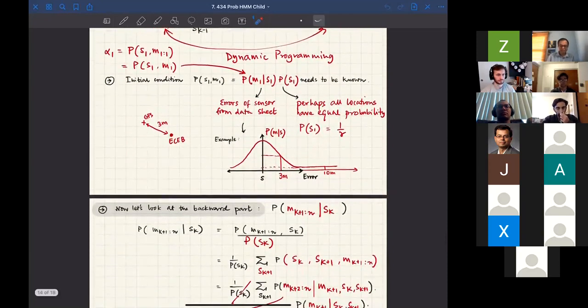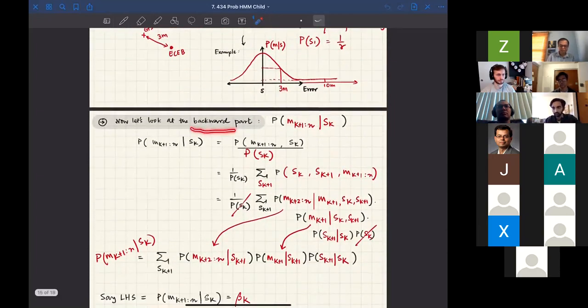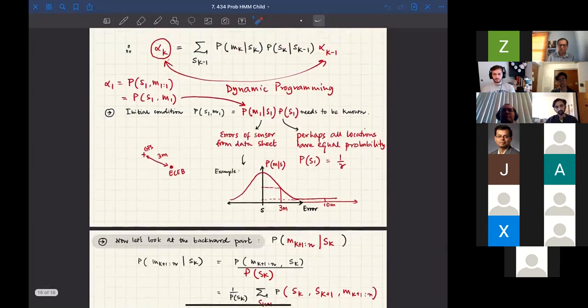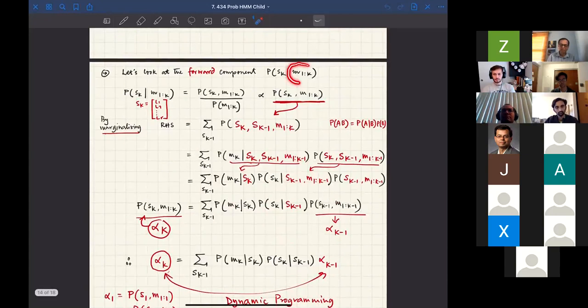Then for the backward part, which is mk plus 1 to n given Sk, this part is sometimes a little counterintuitive, but I hope you see that if I give you a sequence of grades of a student, the grades till 12th standard, and then I ask what is the chance that the student went to UIUC? That's the forward part, where I tell you everything till high school, and then I ask what is the chance Sk equals UIUC?